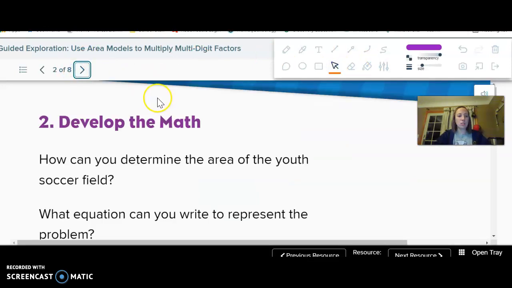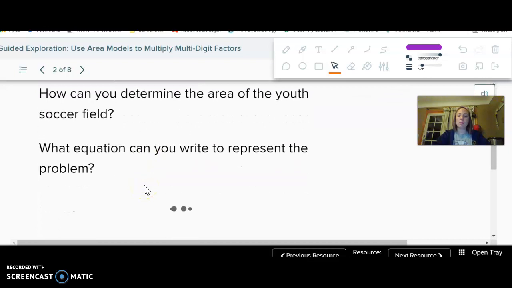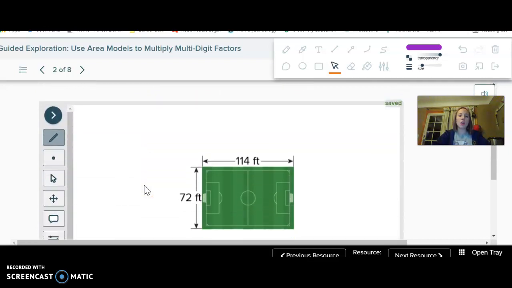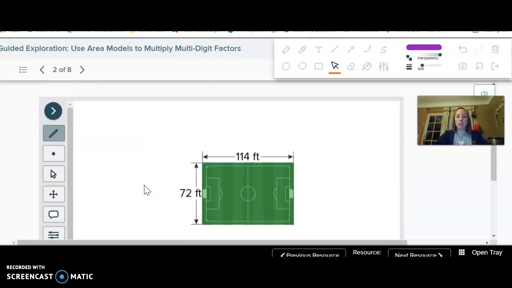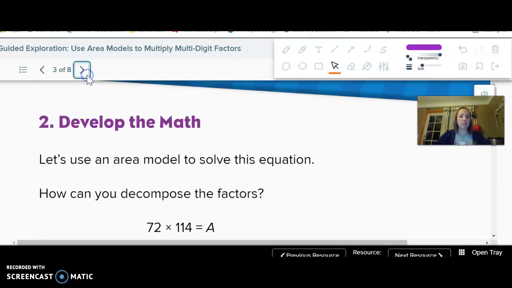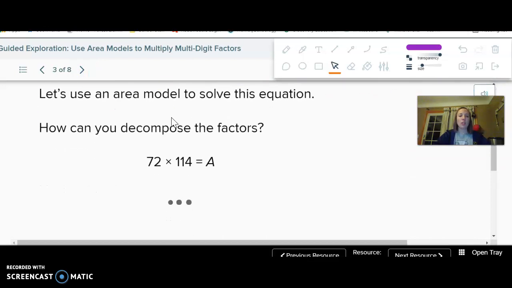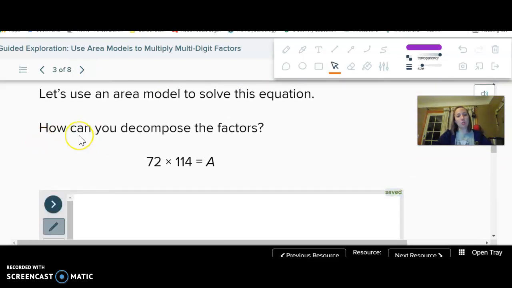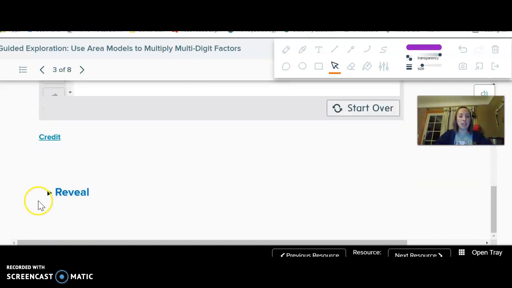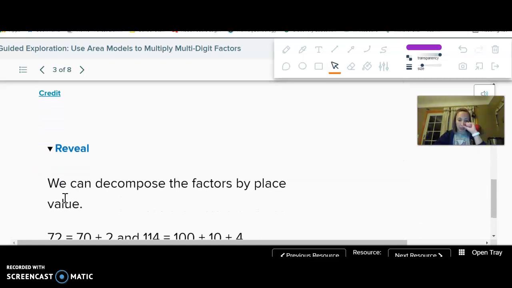So now, like we said, we're just multiplying. What equation can you write? Well, I could do 72 times 114 equals A, equals the area. So in order to use the area model, we have to decompose the factors, and we do this in your notes. We do this by place value.